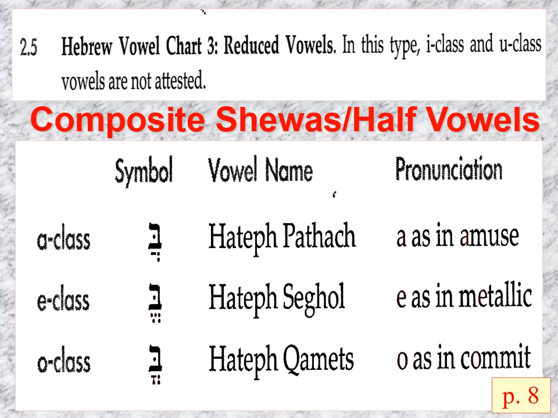The E class is a hatef segol, as in metallic, be. And then lastly, for the reduced vowel O class, the hatef qamets, o as in comet, ba.